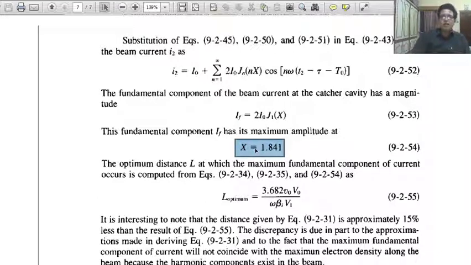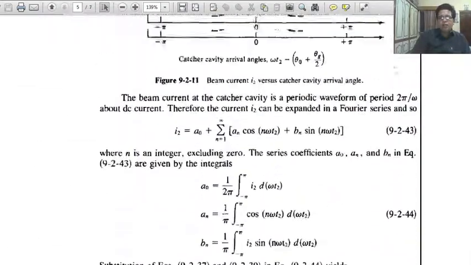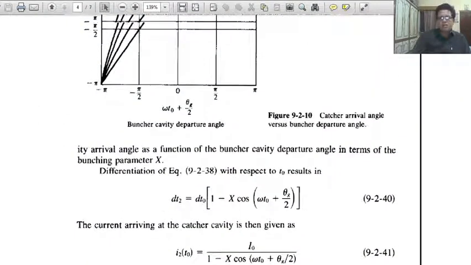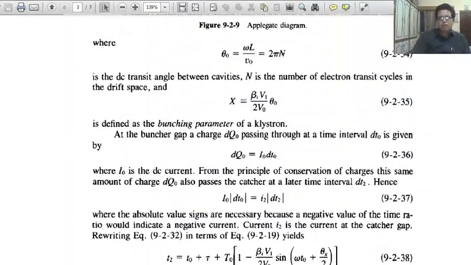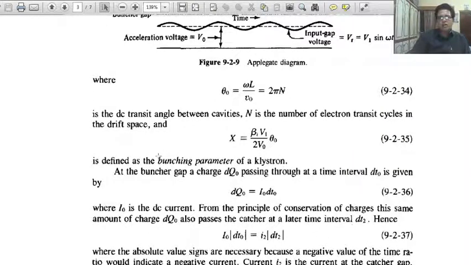What is x? We defined x before because this parameter is important, so you should remember this. Bunching parameter of the klystron. What is x?